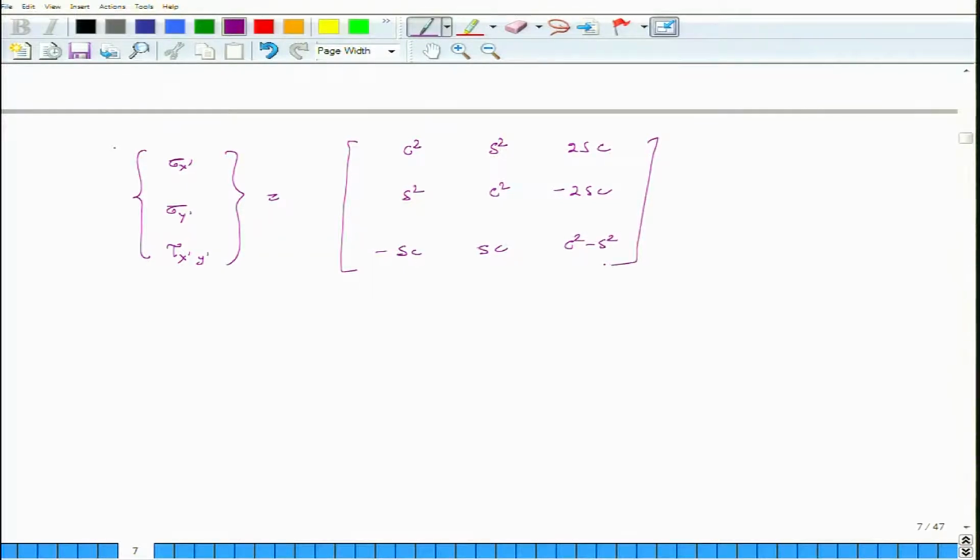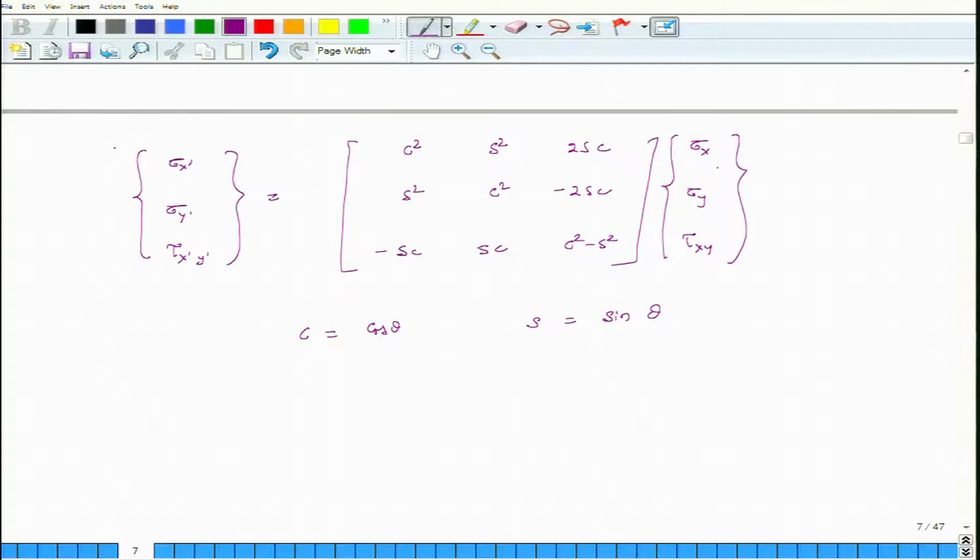I will explain what c and s are in a moment, but these are the transformation equations for the stress tensor, where c represents cosine of theta and s represents sine of theta.